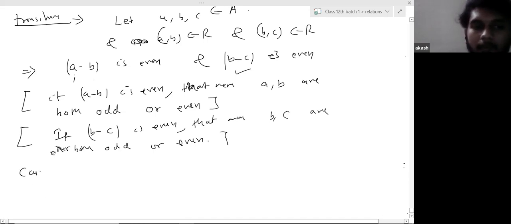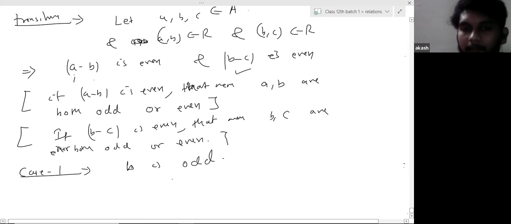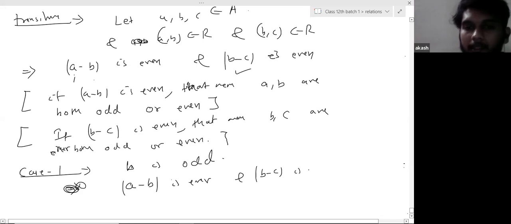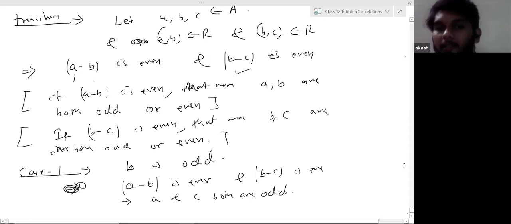So let us take case 1. b is odd. If b is odd, then a minus b is even and b minus c is even. This implies that a and c both are odd. If b is odd, that means a and c both should be odd.